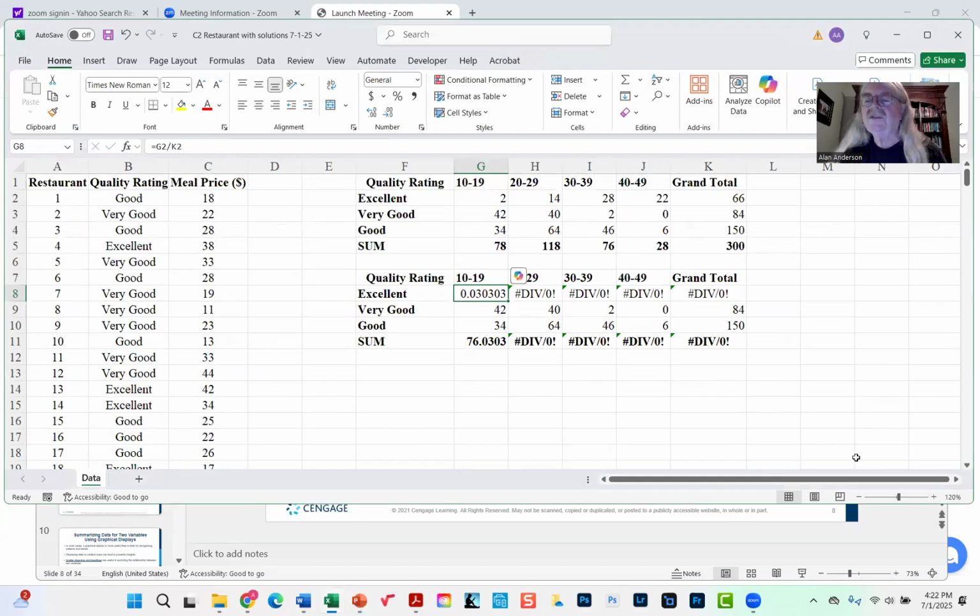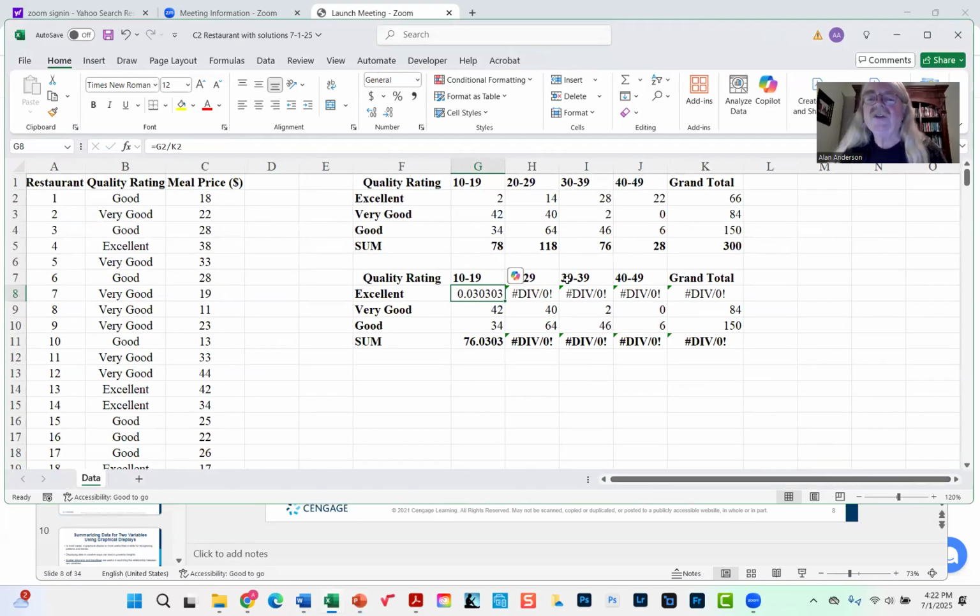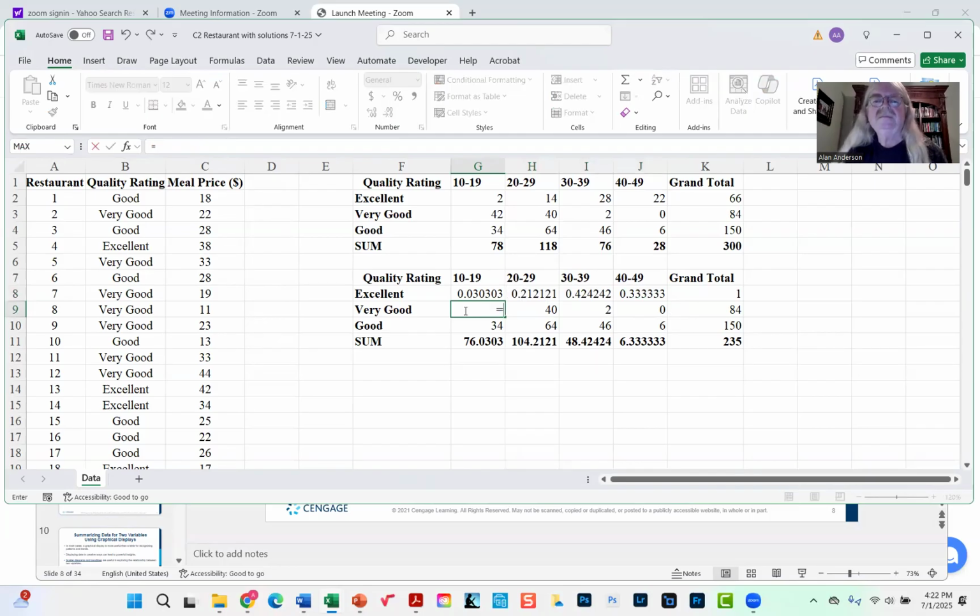Actually, that was a very illustrative example of why you have to have dollar signs, because if you notice, that K2 will be the denominator for all of these numbers in this first row. So that K2 needs the dollar signs. And now it should work. All right. And then here we'll do the same thing.